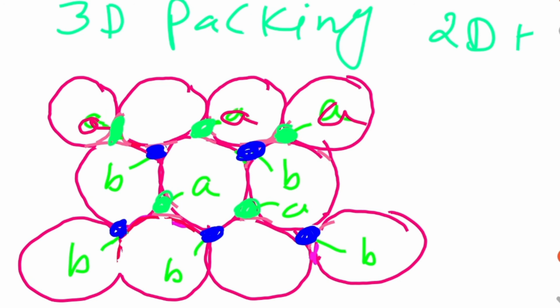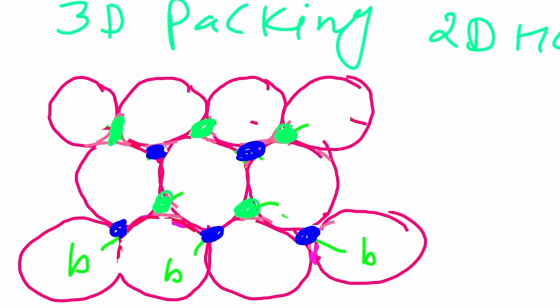So I have taken these as A voids and B voids. No issue, you can simply say that we have two types of voids. One is green color voids and one is blue color voids.